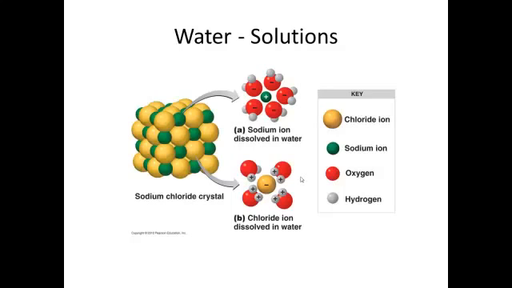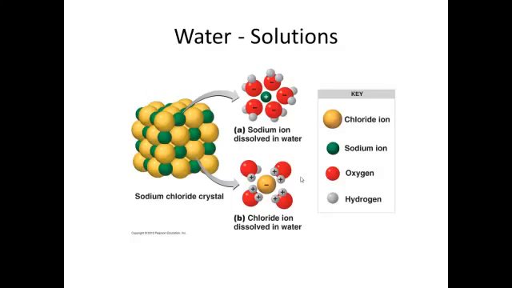Now, water can do this because of its slight positive charge and slight negative charge. It can also do this with molecules that are hydrophilic. For example, sugar is not an ionic compound, but it does have oxygens bonded to hydrogens, so it can do the same thing. So when you add sugar to water, it dissolves.